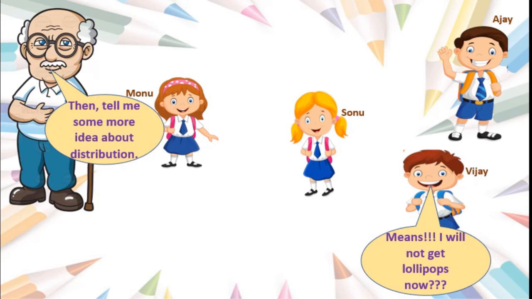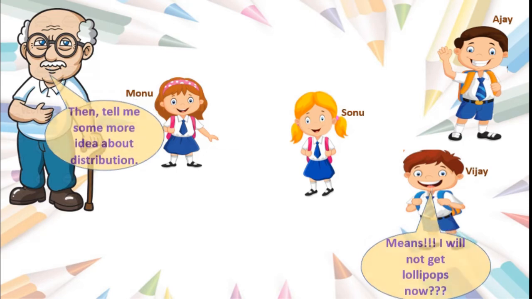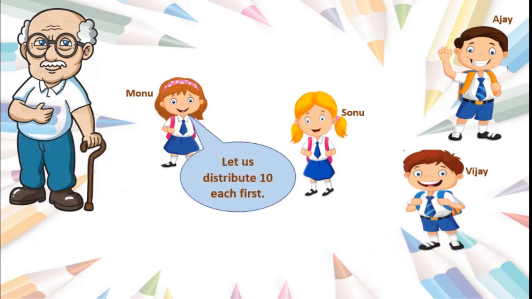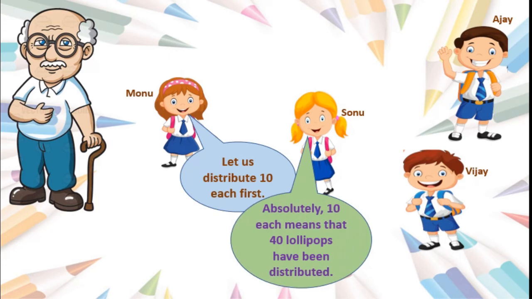Grandpa said, then tell me some more ideas about distribution. He asked Monu and Sonu. Monu said, let us distribute 10 to each first. Absolutely, Sonu said. 10 each means that 40 lollipops have been distributed, isn't it?